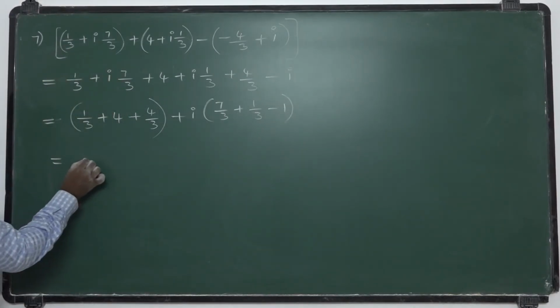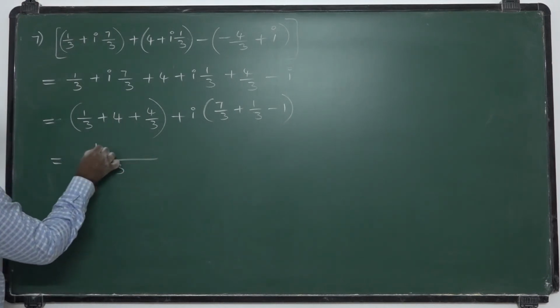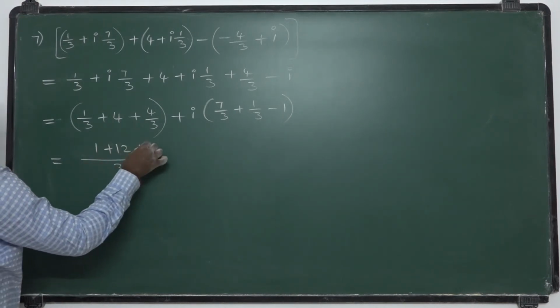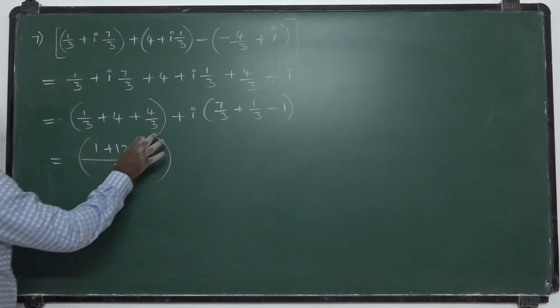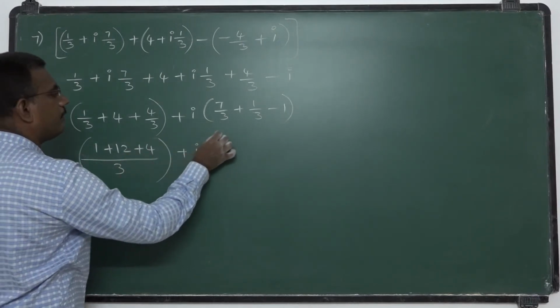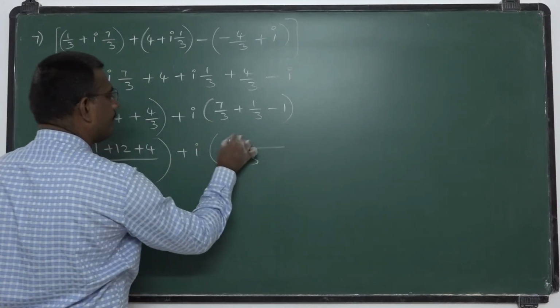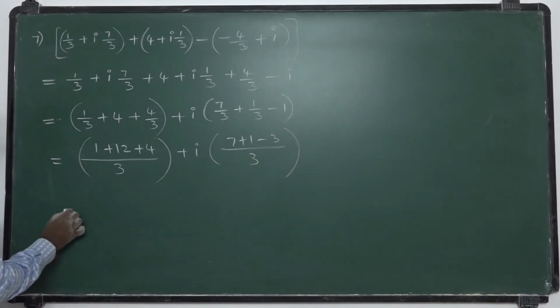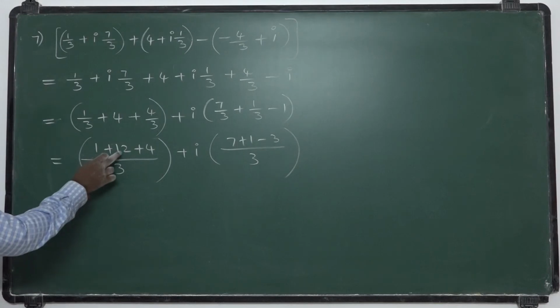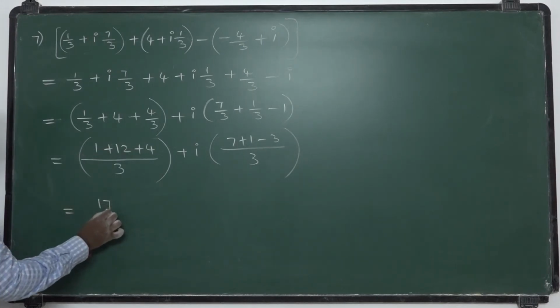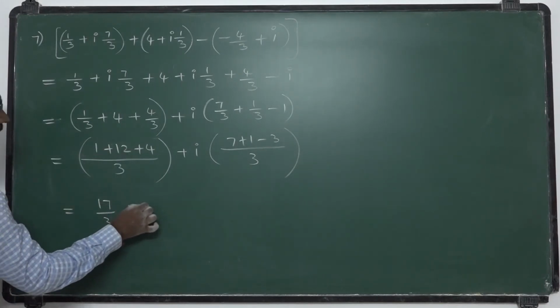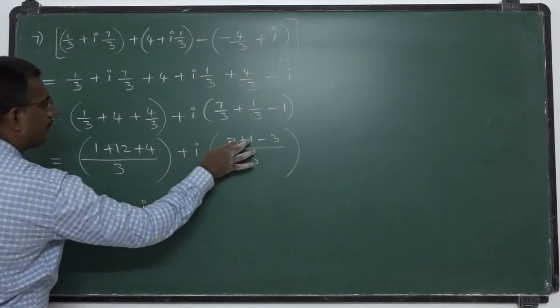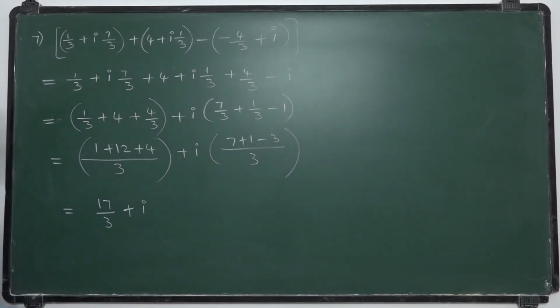So here LCM is 3, 1 plus 12 plus 4, plus i into, here also LCM is 3, 7 plus 1 minus 3. So this will be equal to 12 plus 4, 16 plus 1, 17 by 3, plus i into 7 plus 1, 8, 8 minus 3, 5 by 3.